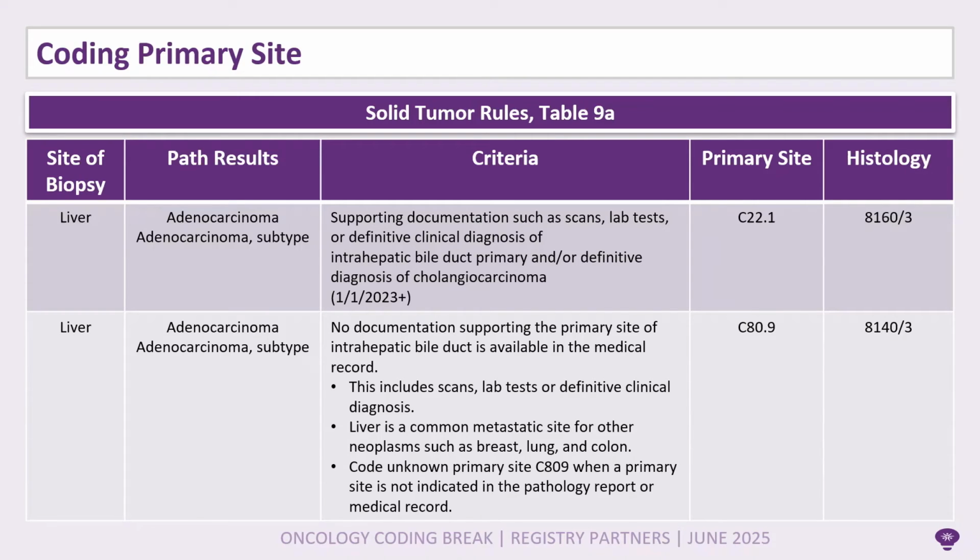The liver is a common metastatic site for other neoplasms, such as breast, lung, and colon. So they do instruct to code unknown primary site C80.9 when a primary site is not indicated in the path report or in the medical record. And of course, the histology is 8140/3.